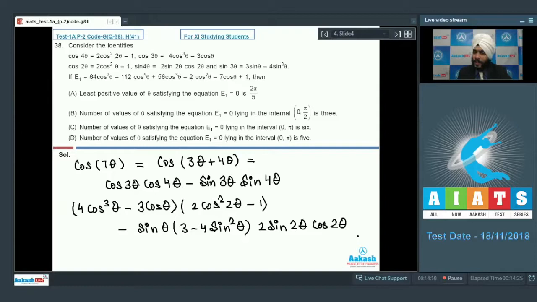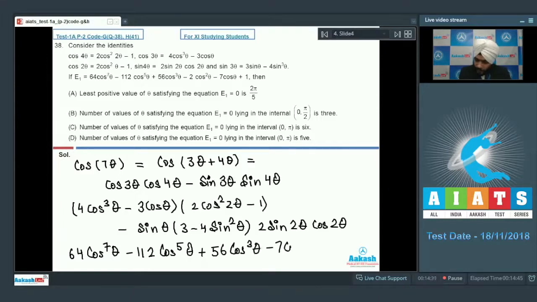This sin theta and this sin theta will combine. Ultimately, I am going to get cos 7 theta as 64 cos power 7 theta minus 112 cos power 5 theta plus 56 cos cube theta minus 7 cos theta. This is the expansion of cos 7 theta.